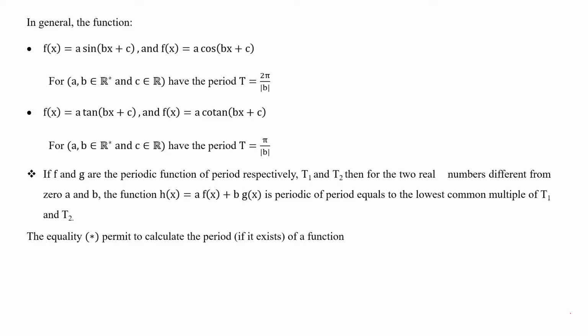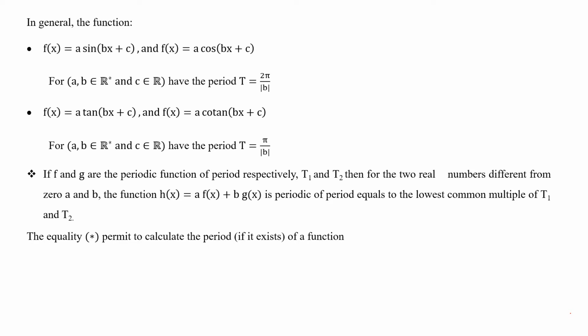In general, if a function is defined as f of x equals a sin(bx plus c) or a cos(bx plus c), where a, b and c are real numbers, then the period of these functions is T equals 2 pi over the absolute value of b.